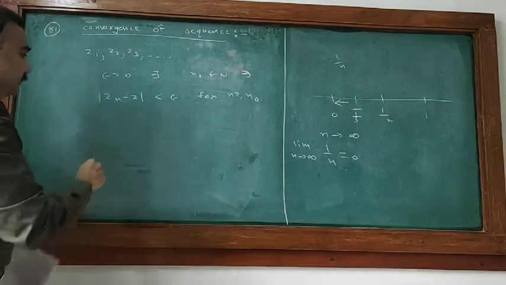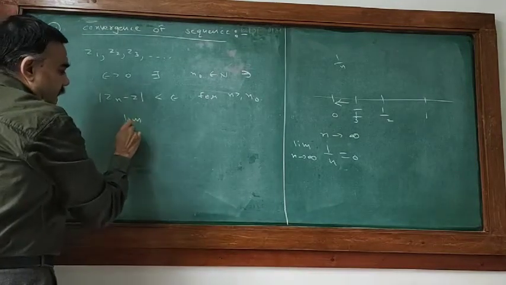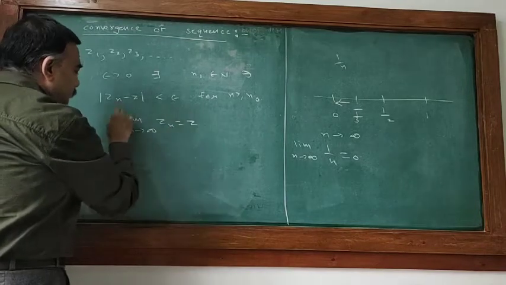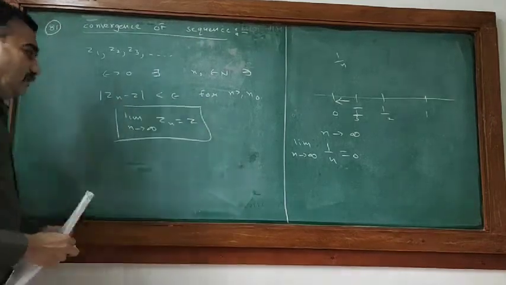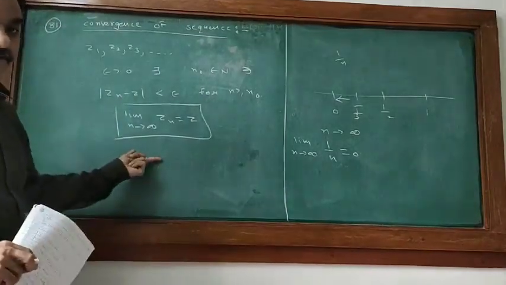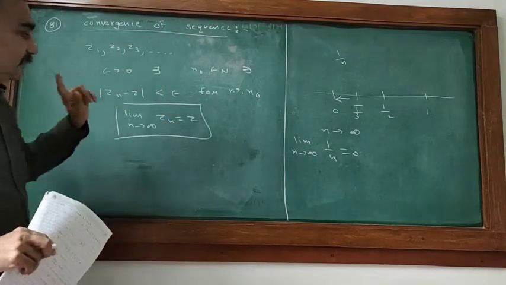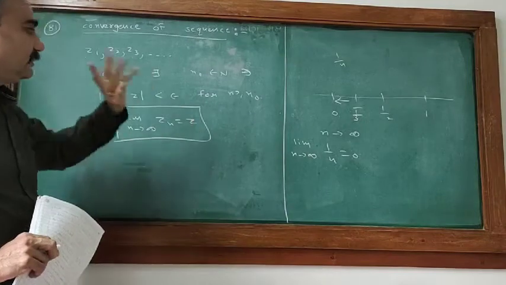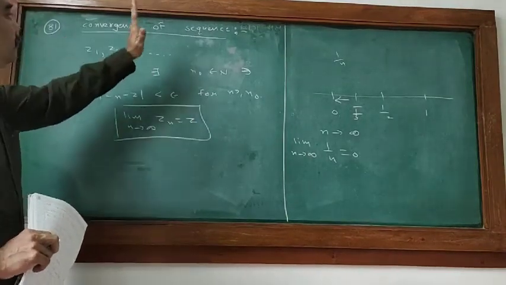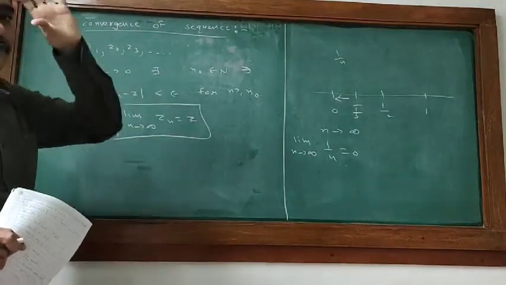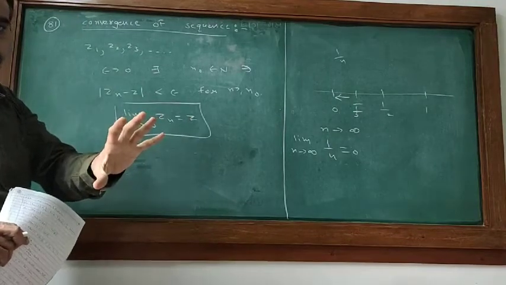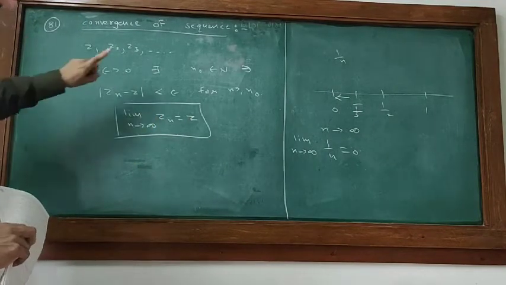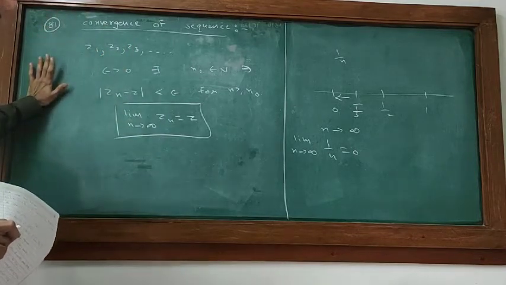And the notation used here is this. This is a complex number. This is a complex number. And this is the definition of convergence of sequence of complex numbers. So what is sequence? Sequence is a function whose domain is n.